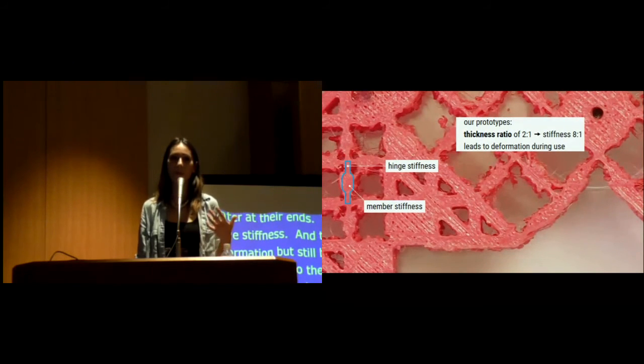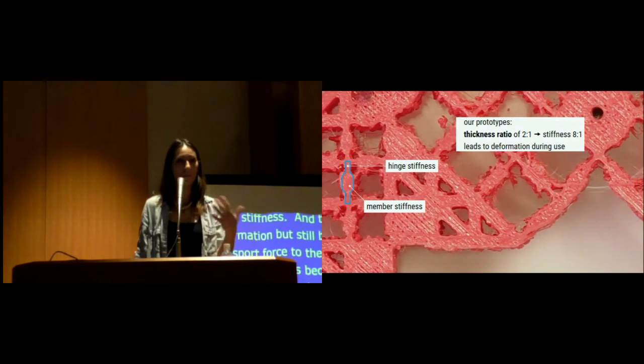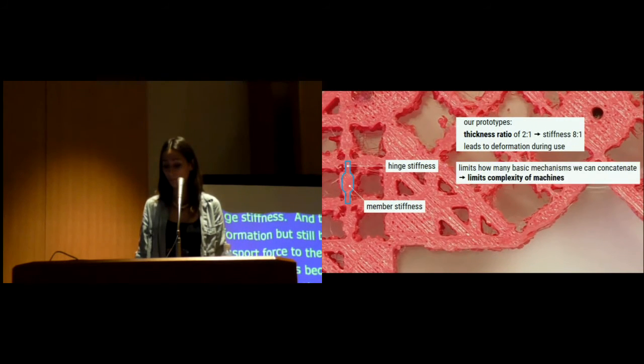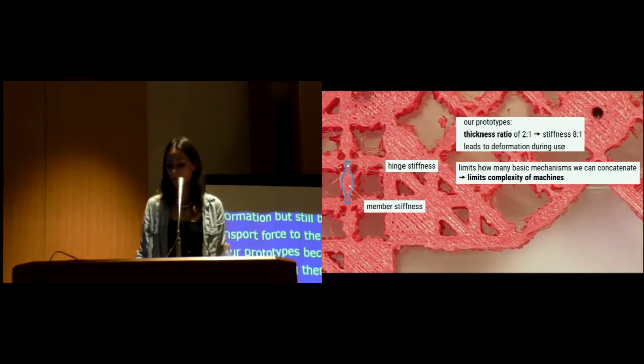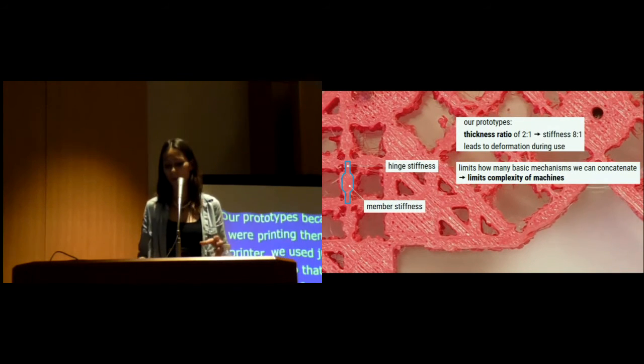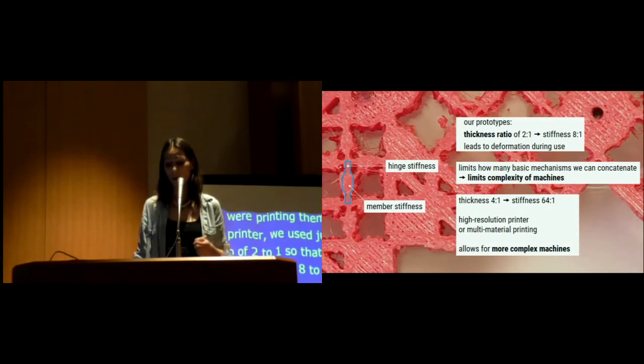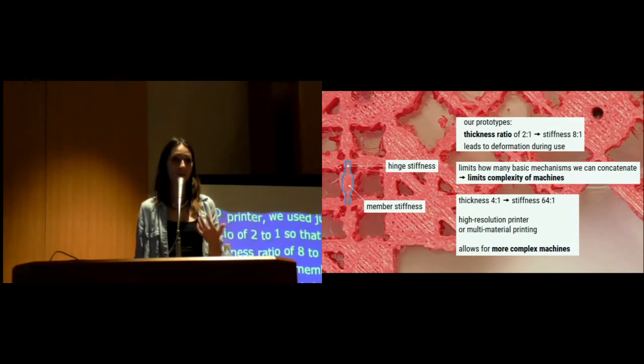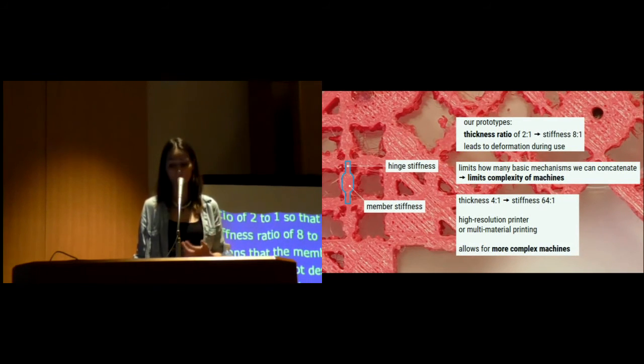That also means that the members deform during use, which is not desired. And this again limits how many basic mechanisms we can concatenate, and this again limits the complexity of the machines. If you could have a thickness ratio of 4:1, for example, it would give you a stiffness ratio of 64:1.